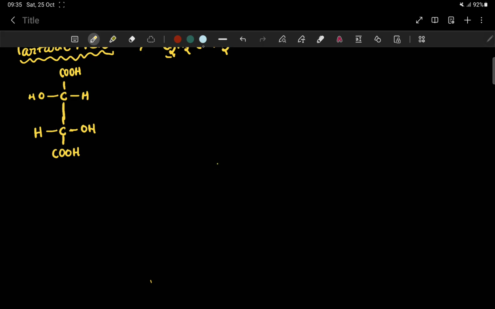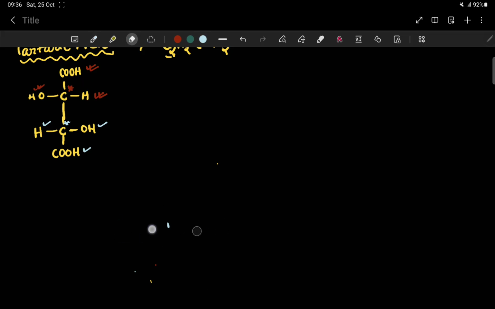Here I'm taking another color for this. This is one chiral carbon, because what are we having? This is an acidic group, this is a hydrogen, this is another alcoholic group, and this is completely another group. In the same way, this is also a chiral carbon. I'm taking another color to denote this chiral carbon. How? The same way. This is our hydrogen, this is our alcoholic group, this is COOH, and this whole group is also a completely different group.